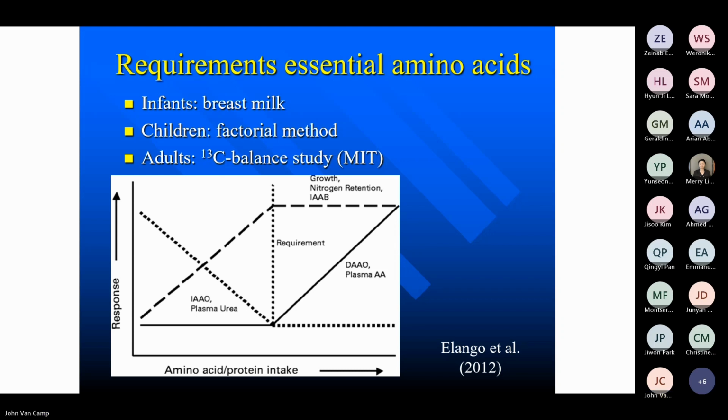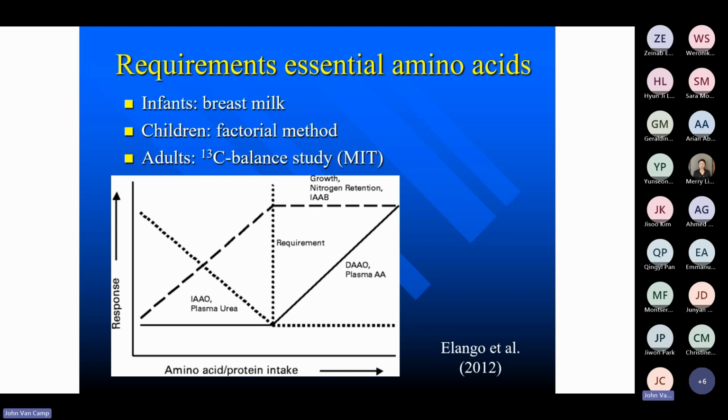Okay? So the response is what you measure in the breath, in the output. You will not measure anything in the beginning. As soon as you reach the recommendation and go beyond that, so persons eat more amino acid than what is actually required, then the excess of amino acids, the ones that you don't need, are going to be oxidized.